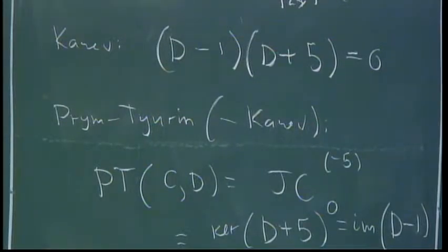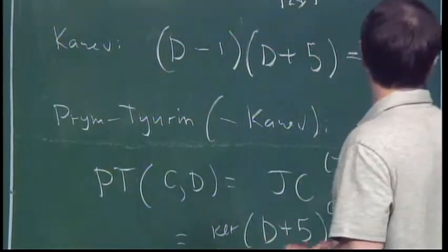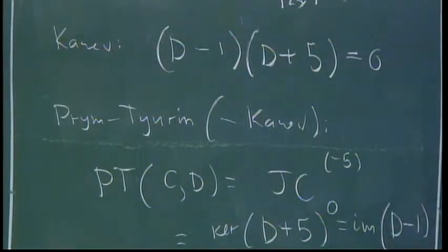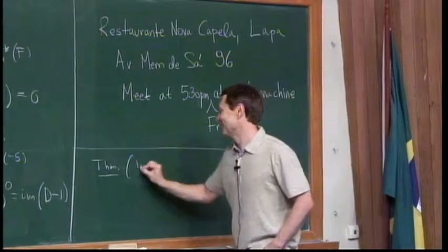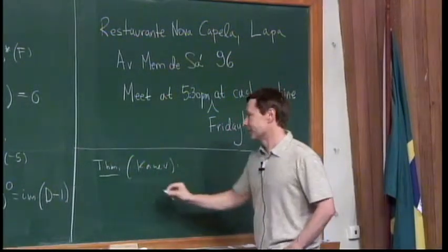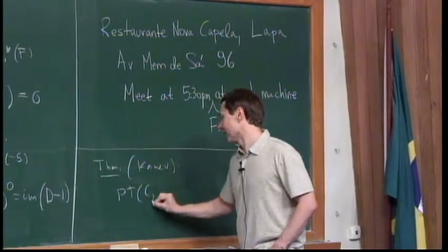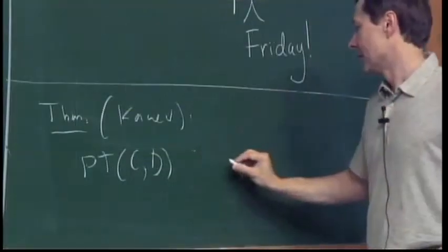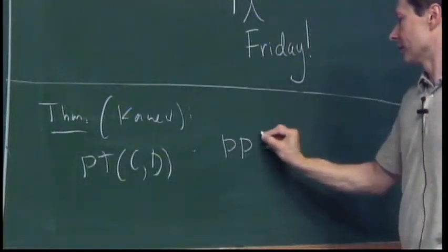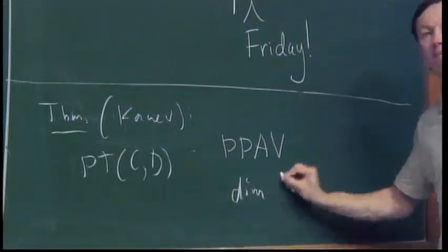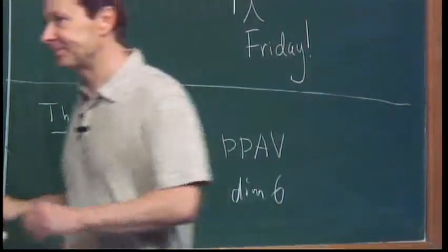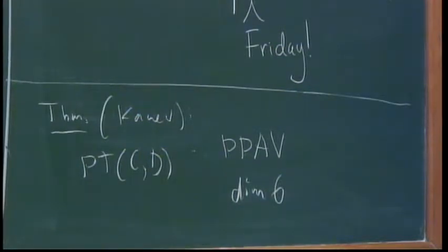So that's a Prym-Tyurin variety, and let me put this theorem again of Kanev, which says that in this situation, this Prym-Tyurin variety is a principally polarized abelian variety of dimension 6. So you get some principally polarized abelian 6-folds this way.